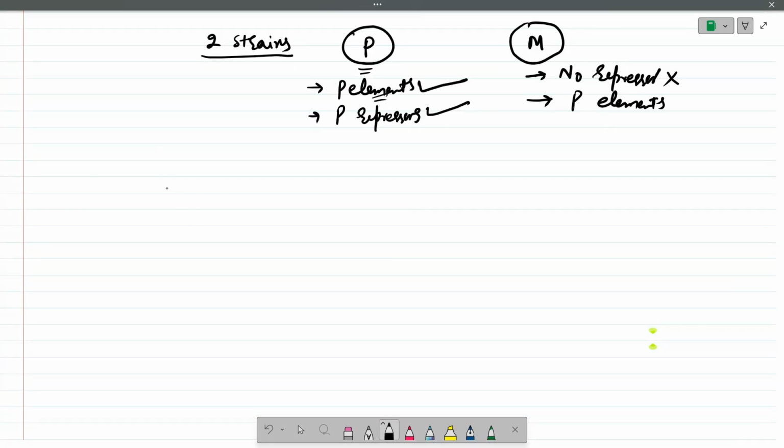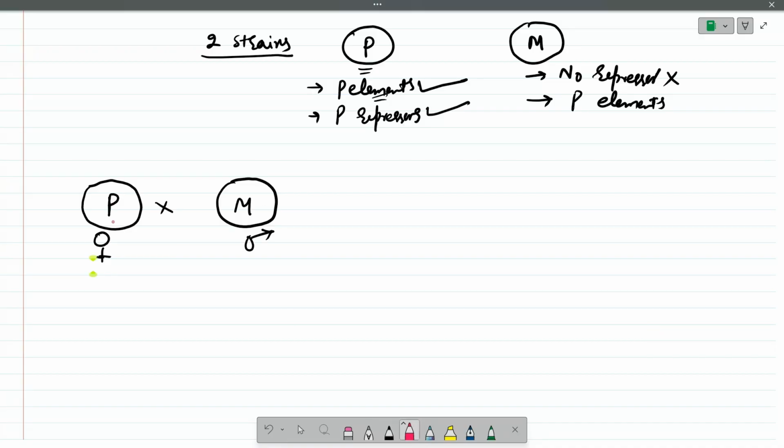So here is the first case, where you take a P cytotype female and cross it with an M cytotype male. In case of the P type female, there is presence of P repressors in the cytoplasm, and these P repressors can be inherited through the cytoplasm as well.